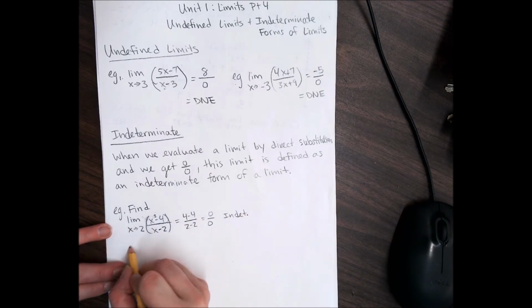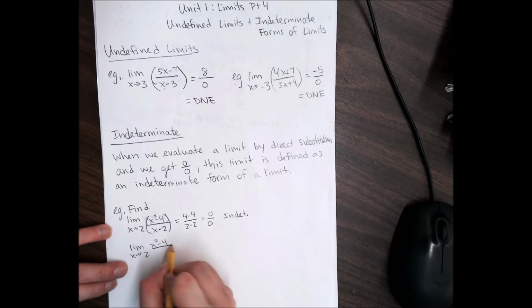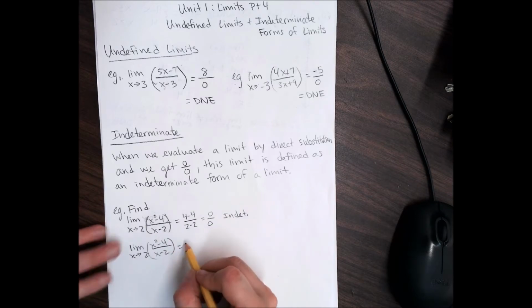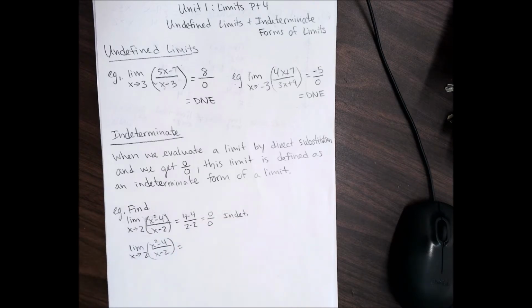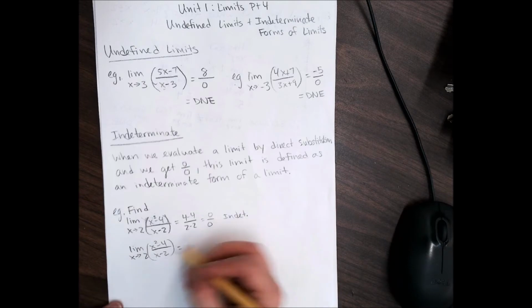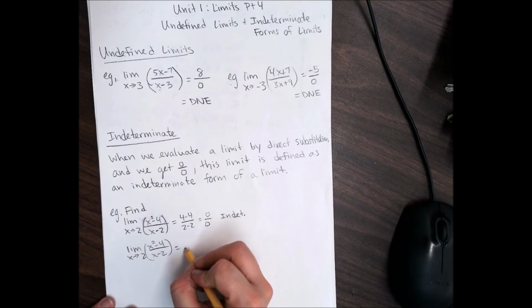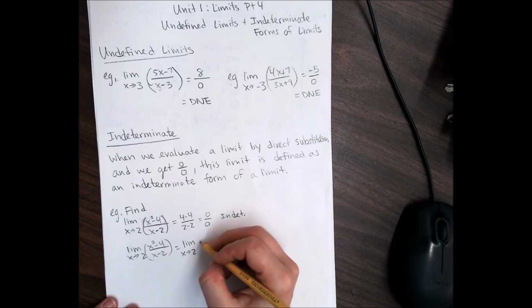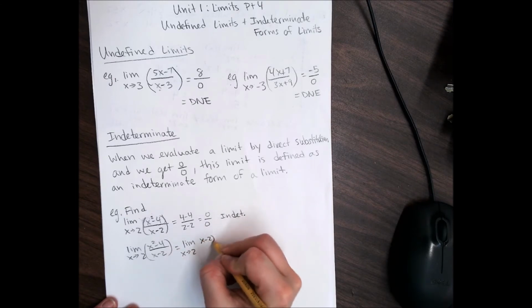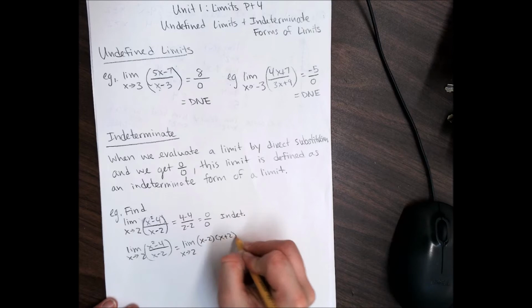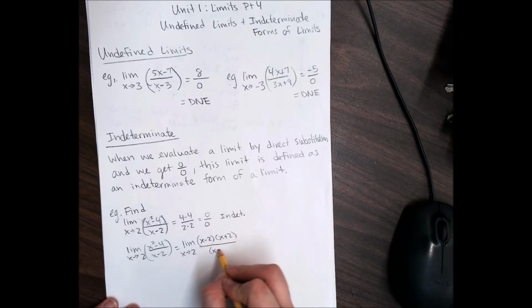So what we can do is we can say the limit as x approaches 2 of x squared take away 4 over x minus 2. Let's factor it, because in calculus and pre-calculus, factoring or the conjugate is usually a good way to manipulate algebraically. Make sure you write the limit in each step before you plug in the 2. So x minus 2 times x plus 2 over x take away 2.